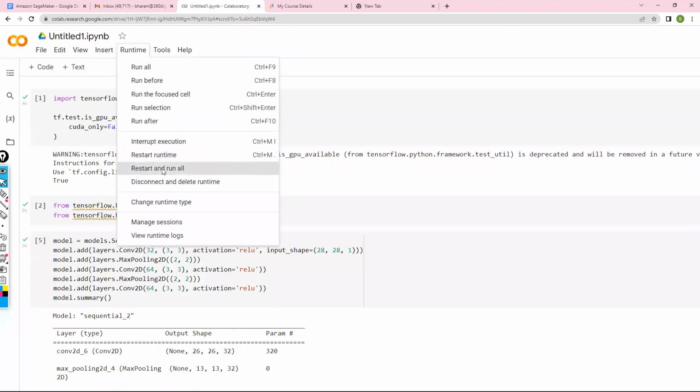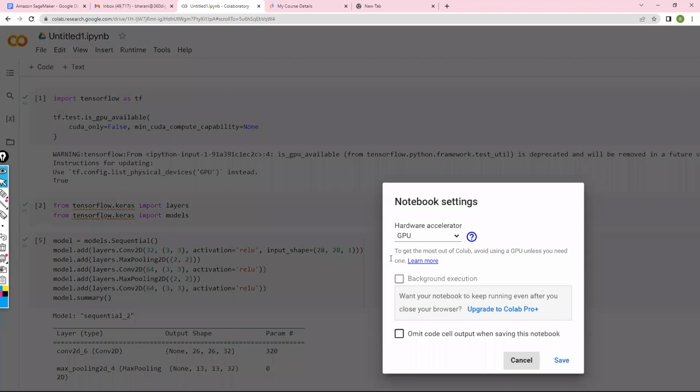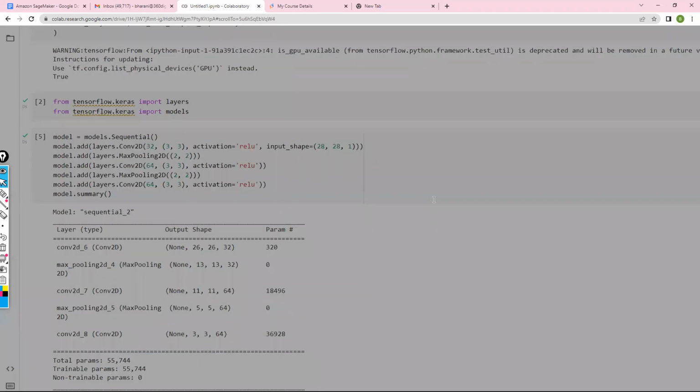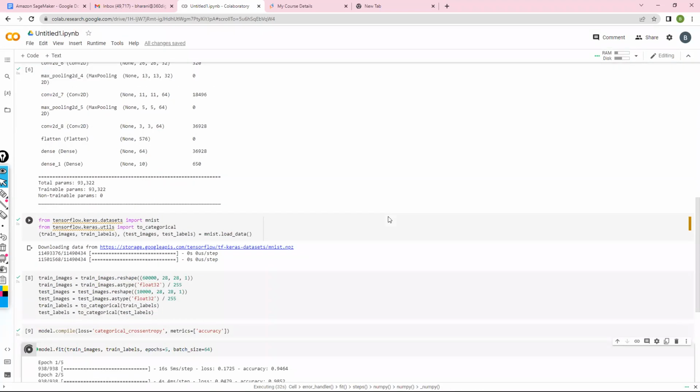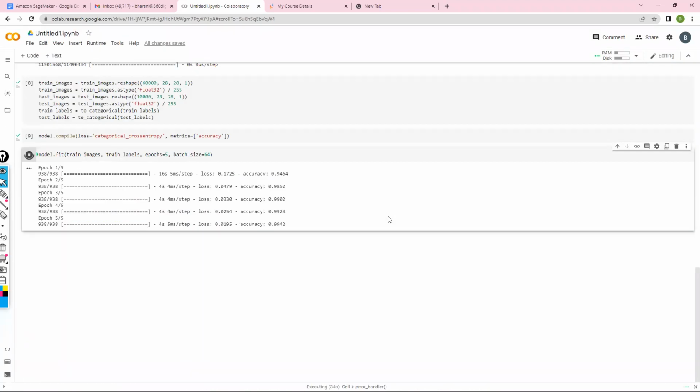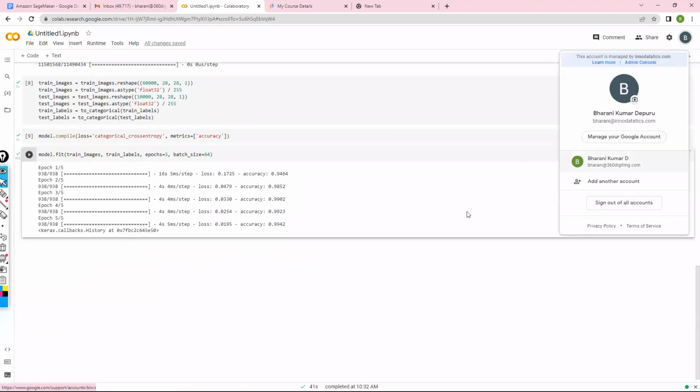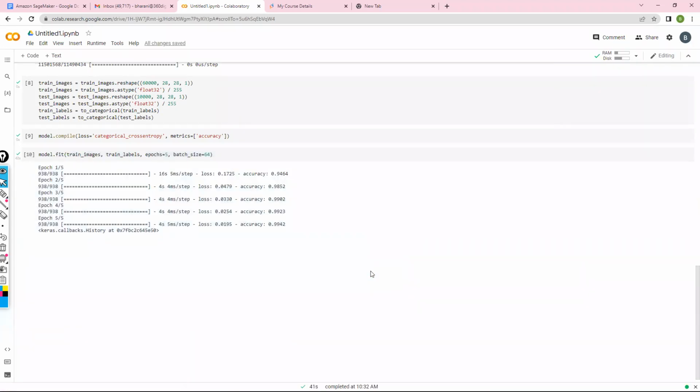Did we select GPU here? Strange. And what am I using here? Oh my God. Okay. Sorry. So I'm using the free version. It's in Innodatatics, so that could be the problem. Okay, that's okay. Let me complete this part.